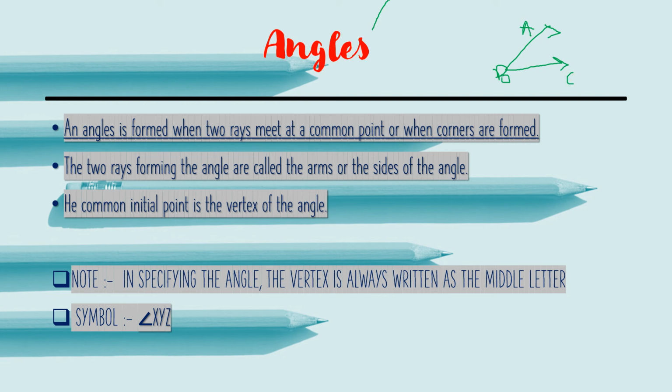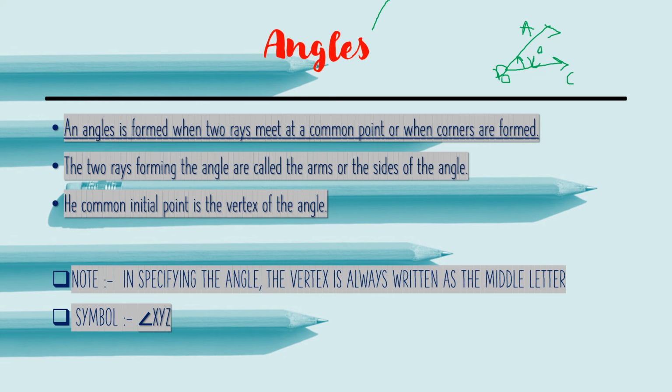So AB and BC, two rays, meet at a common point and enclose some area inside it. This angle is measured in some degrees.